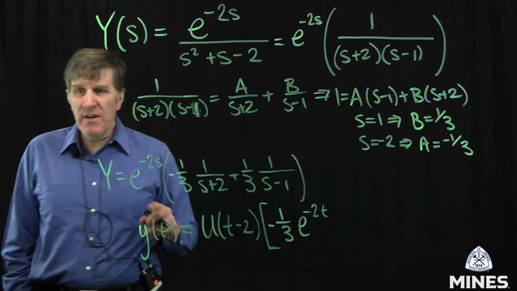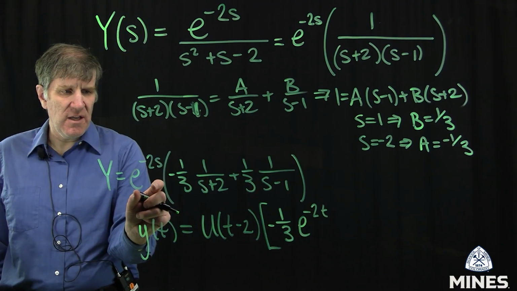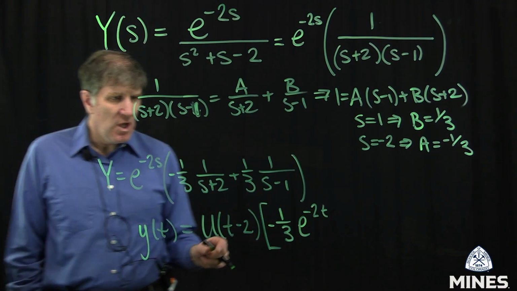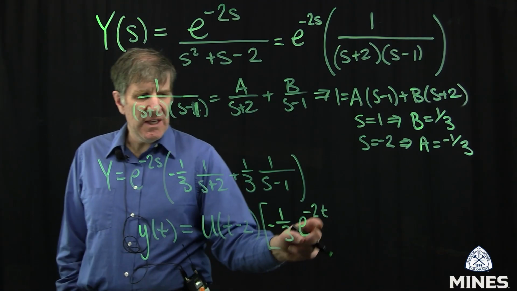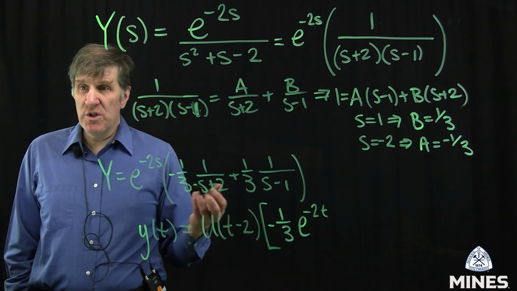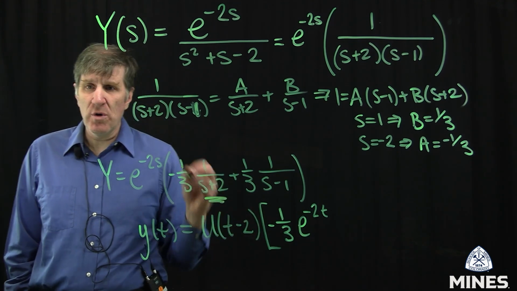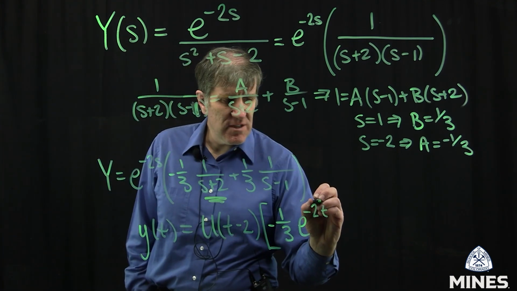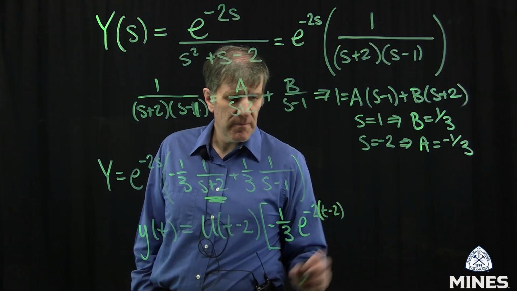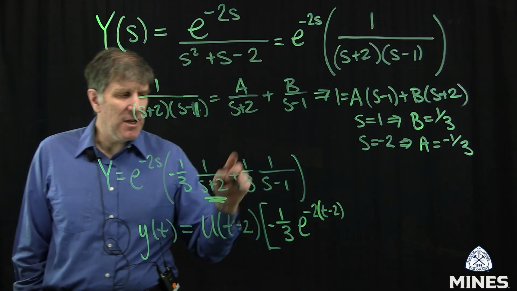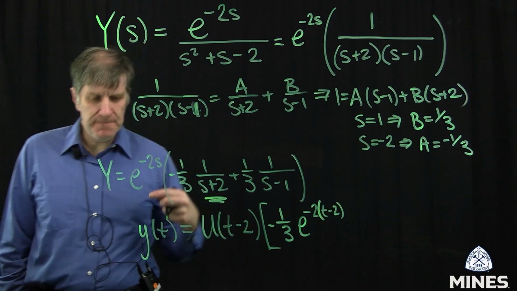Now this is where line 5 kicks in. It kicks in on the exponential, becomes the step function, but also instead of e to the minus 2t, which is what this would invert to normally, we replace the t with a t minus 2. So it's e to the minus 2 times (t minus 2).